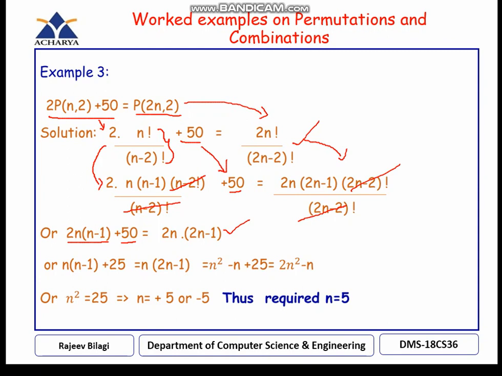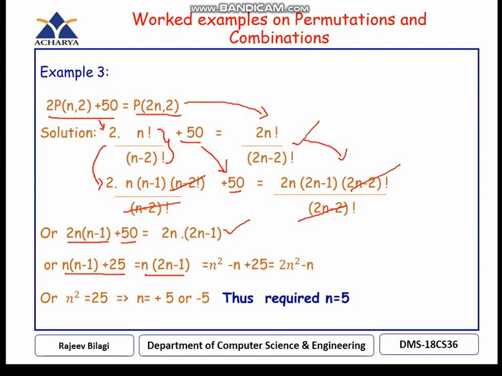With this I have taken 2 common. So what will happen: n(n - 1) + 25, and this 2 gets cancelled. So you are left with n(2n - 1).